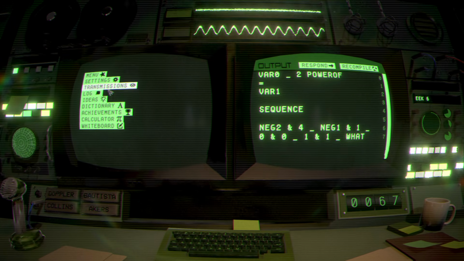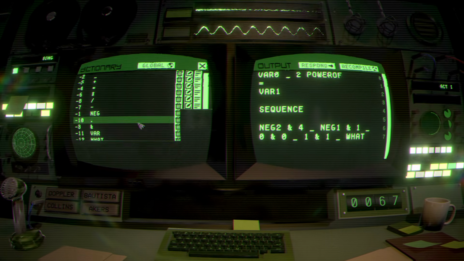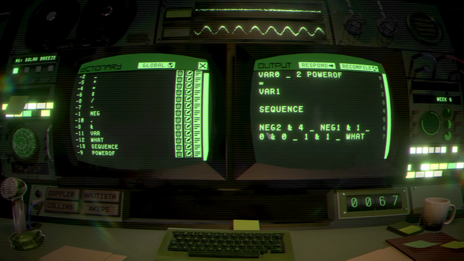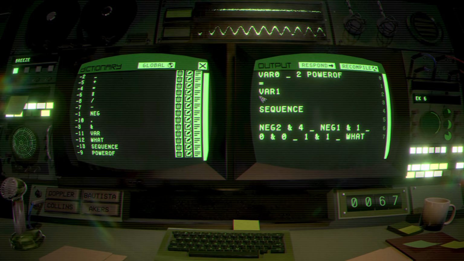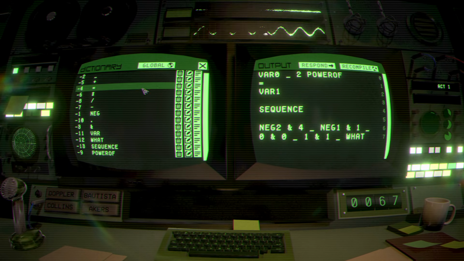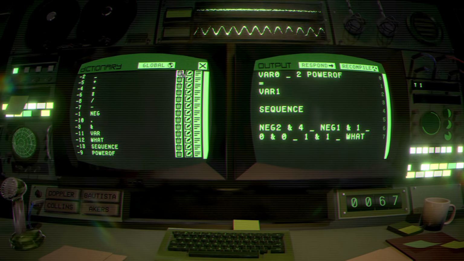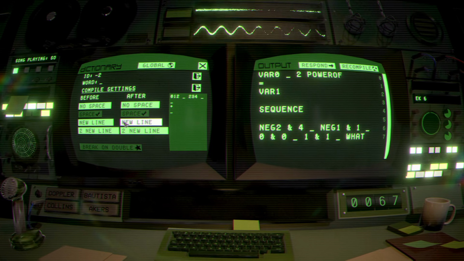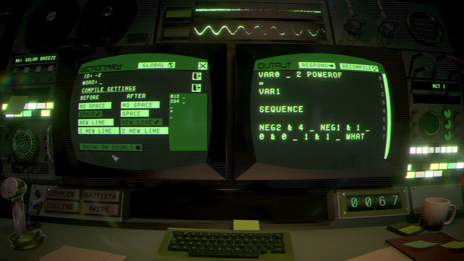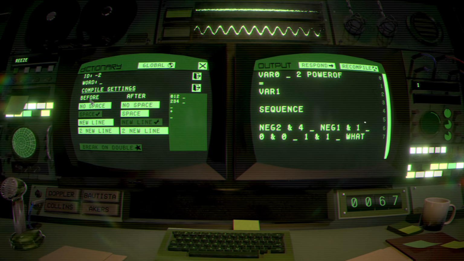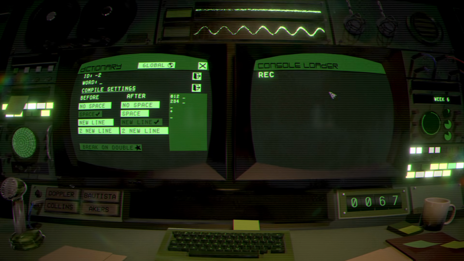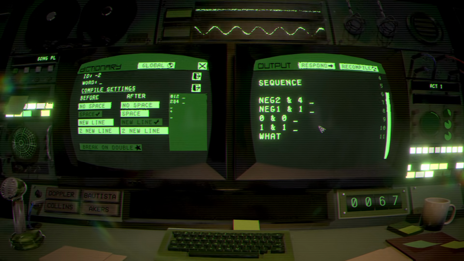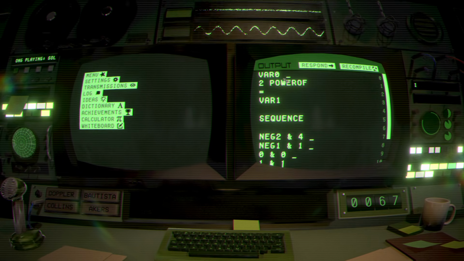Okay, I will say the sequences, go back, because the sequences really does break our pattern, doesn't it? Let's put this back to the line afterwards. Recompile. Okay.